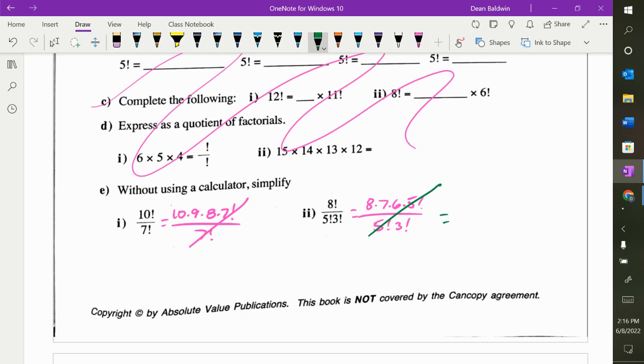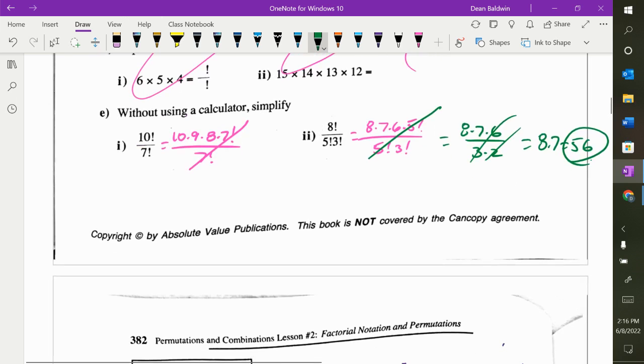And then what's 3 factorial? 6. Which is 6, so all that cancels. So it's just 8 times 7, which is 56. Okay, it's pretty straightforward with numbers. All right, are we okay?